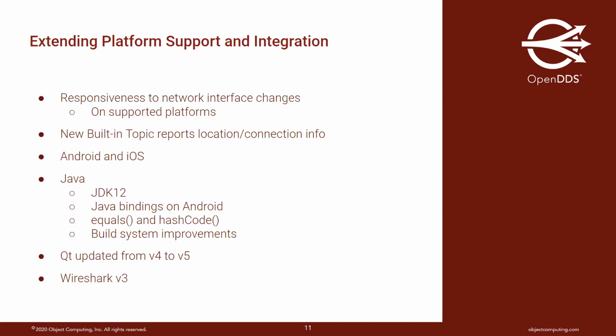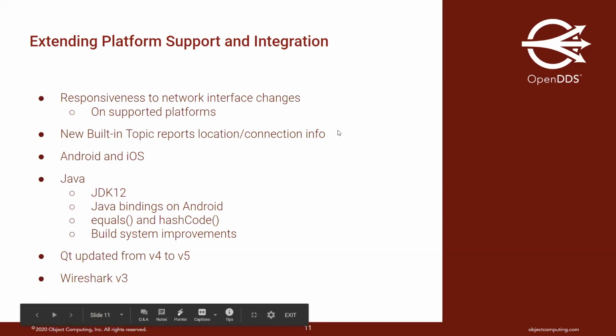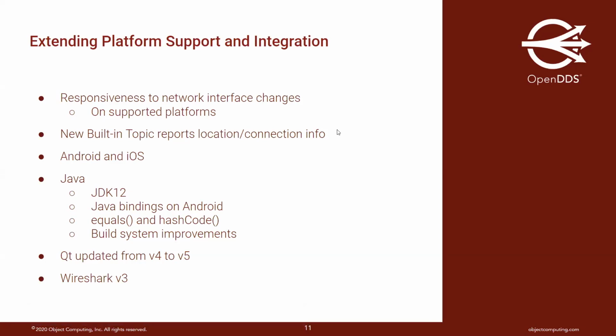Going along with that is the second one on this list, the new built-in topic. So OpenDDS in this version has added a new way to report dynamic information about locations and connections up to the application. So using that same notion of built-in topics from the DDS standard, that there are the standard ones that are defined by the spec, but now there's an additional one, right?